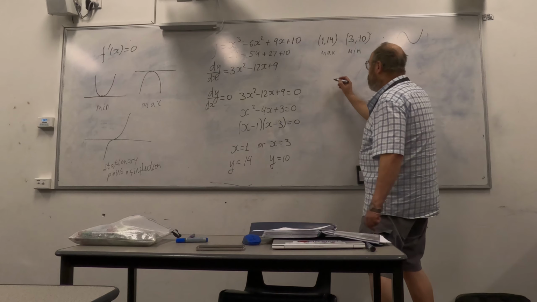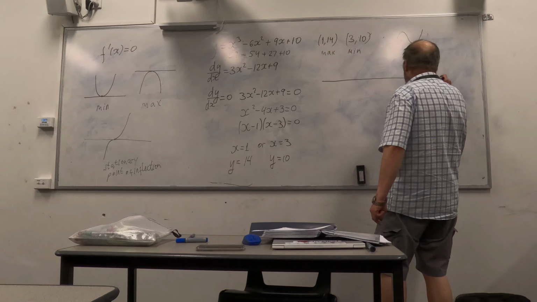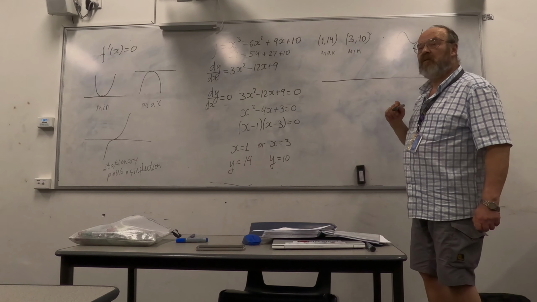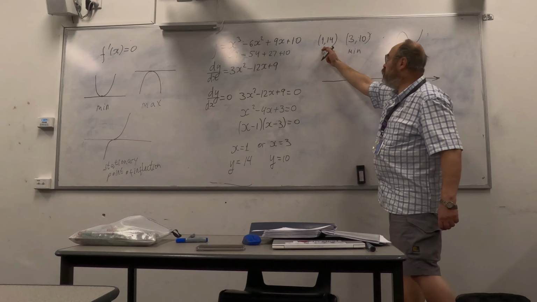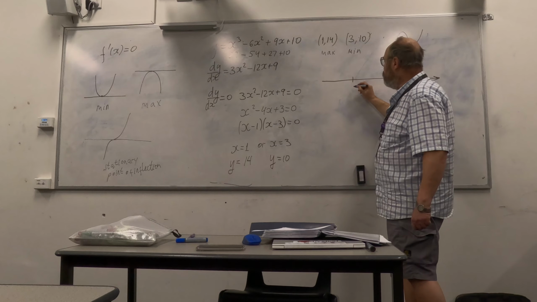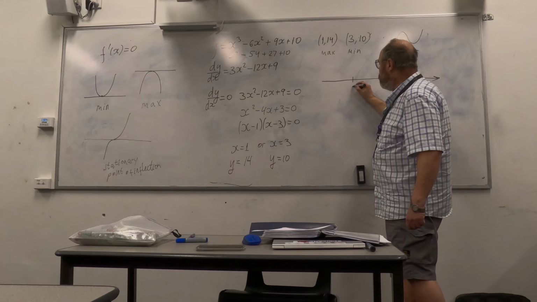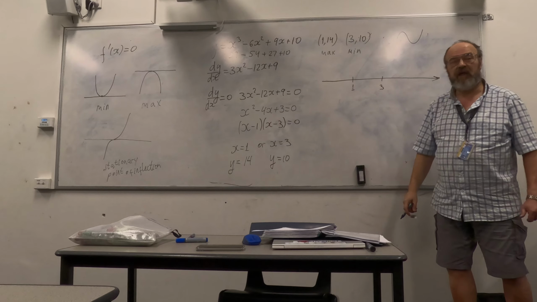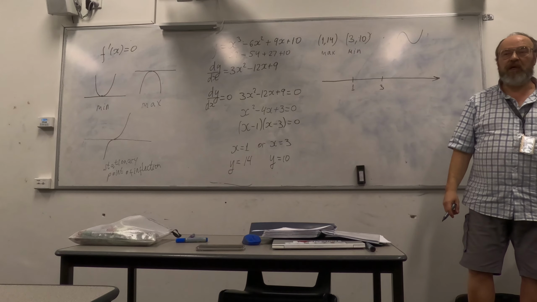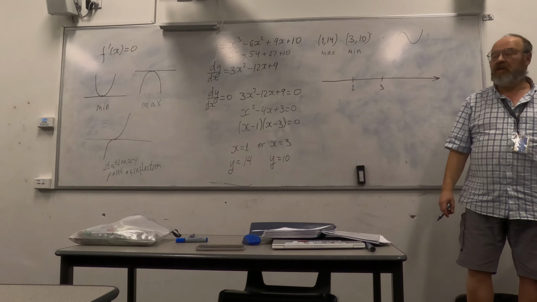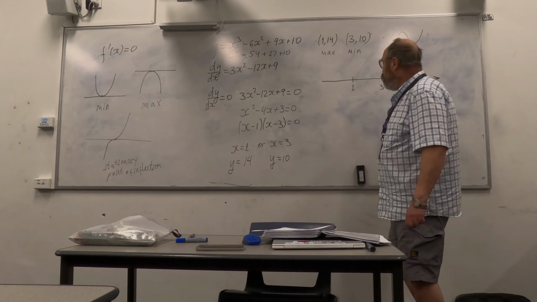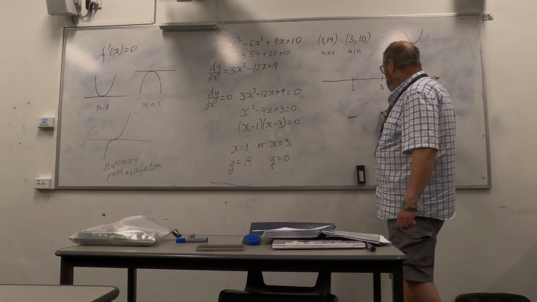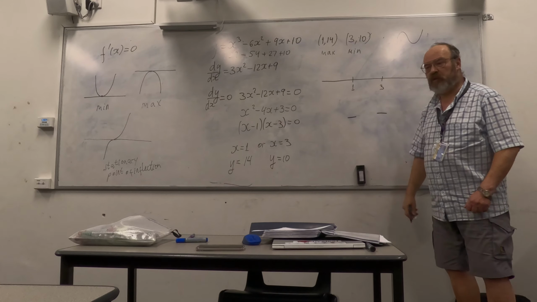To do that, we draw a number line. On the number line, we put the x coordinates of these points, 1 and 3. We know that the gradient is 0 at each of those points, so the tangent is horizontal at each point.